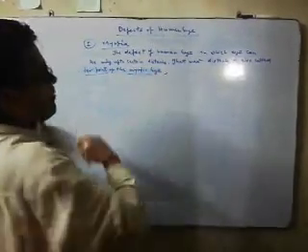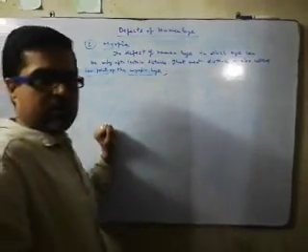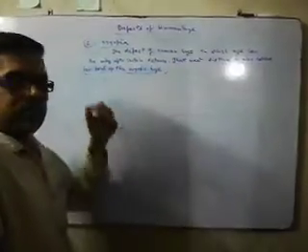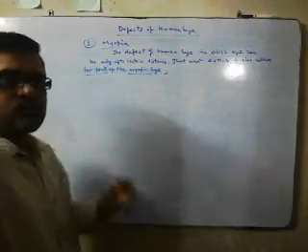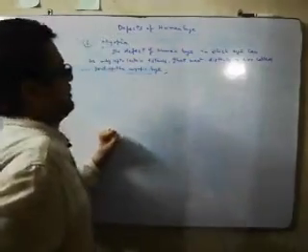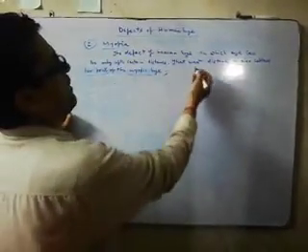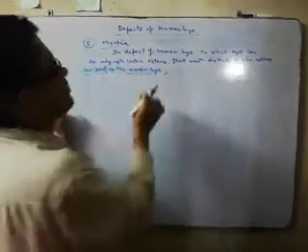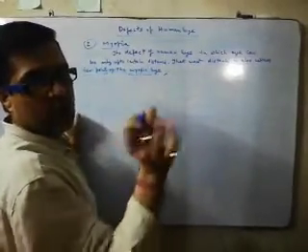So in a myopic eye, the main important point is the far point. How to determine the far point and what is the far point? Far point is the maximum distance up to which the myopic eye can see the object clearly.